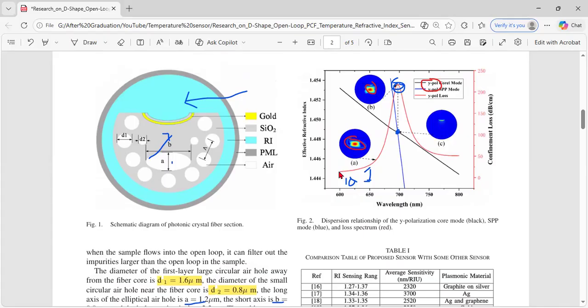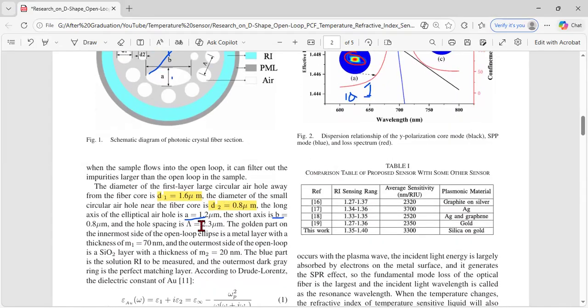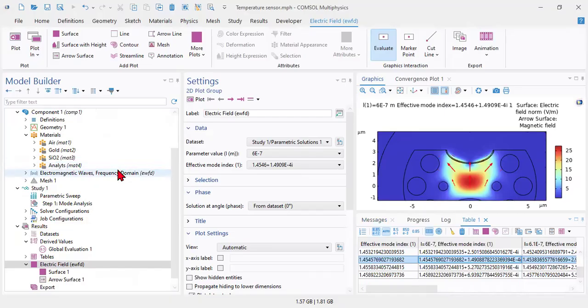Yeah, I don't know what the problem is. 1.3, 2.3, this is 2.3.